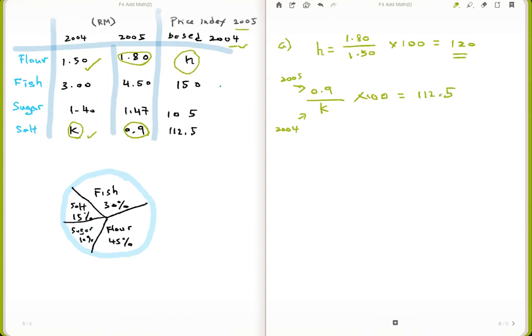Bring down, therefore K would be equal to 0.80. Check with your answer. This is 0.8, this is 0.9, therefore the percentage is more than 100. More than 100, so it's correct. This number is smaller, this number is greater, so it's greater than 100. So correct, you get the right answer.